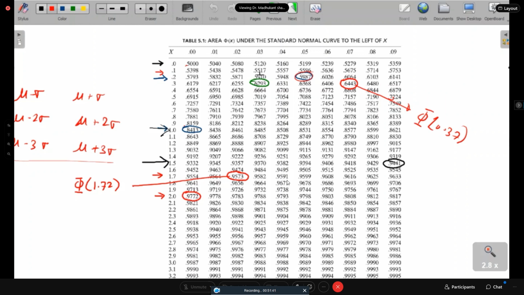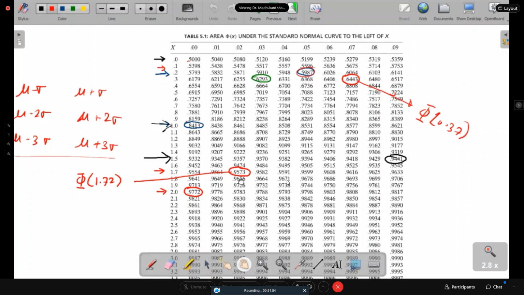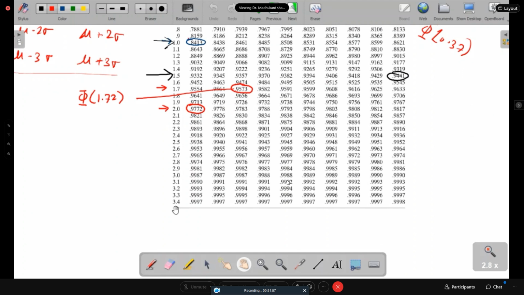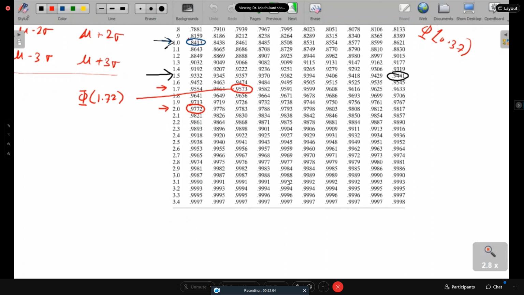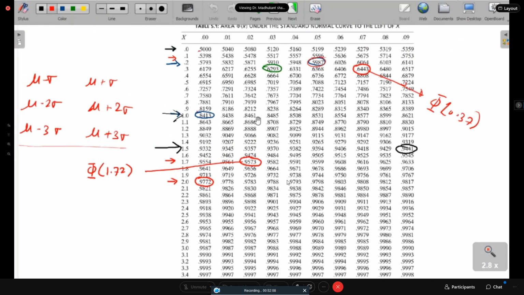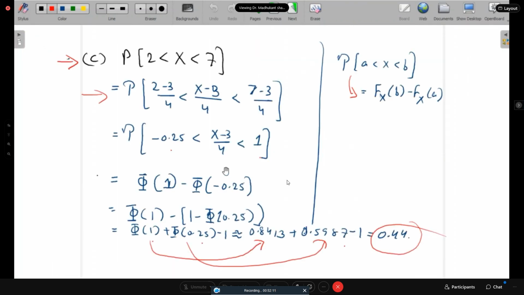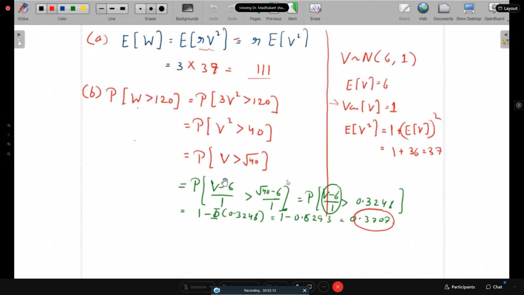That's the best value that can be taken, so 0.6293 can be taken for that. And now you can look here: after 3.4, the value is almost 1, so that can be approximated. So now you have 0.6293. I think we are going to get the same answer only.